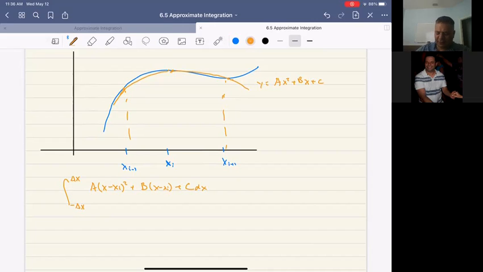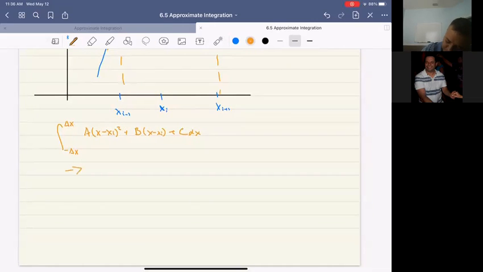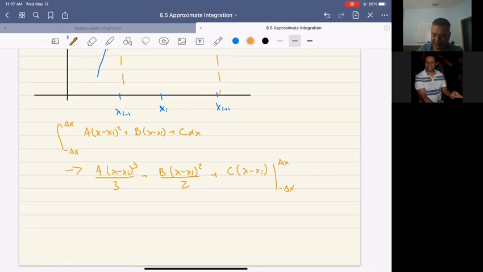Okay, so if I integrate that, we're going to get a times (x minus xi) cubed over 3 plus b times (x minus xi) squared over 2 plus c times (x minus xi), from negative delta x to delta x. And this is for x minus xi, so I should have done that there, because that's really what we're integrating, okay?